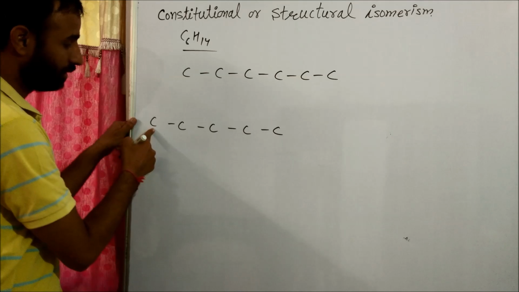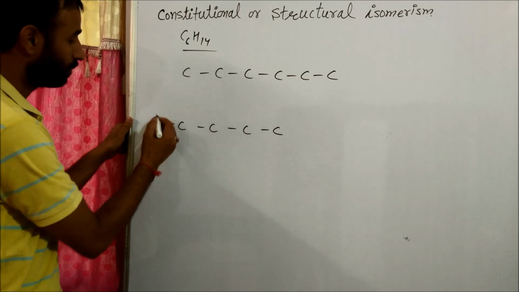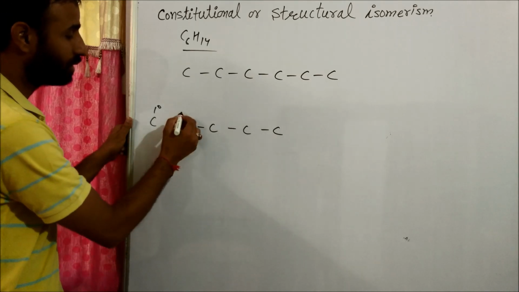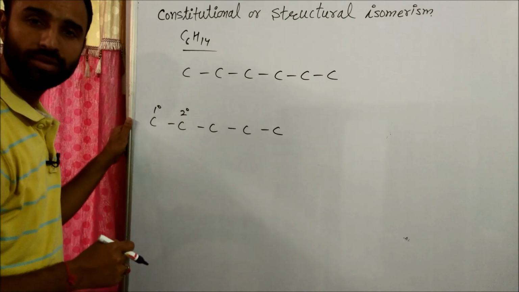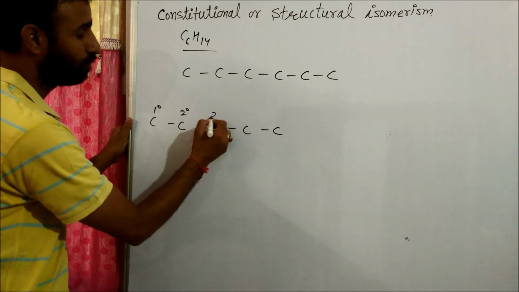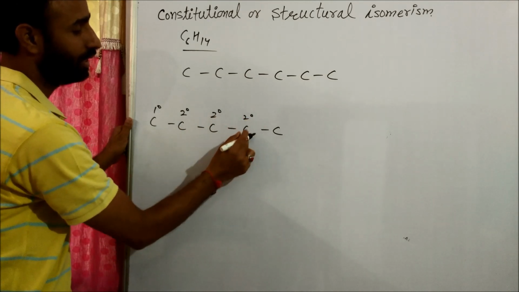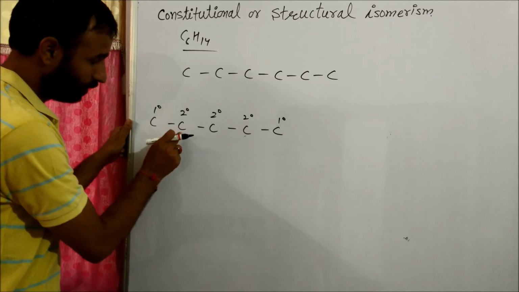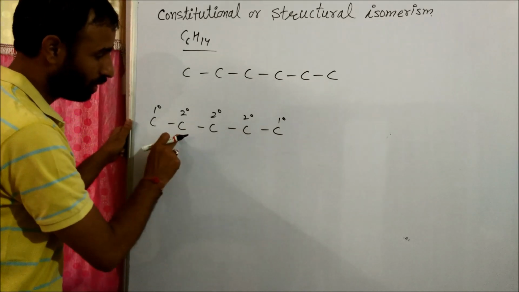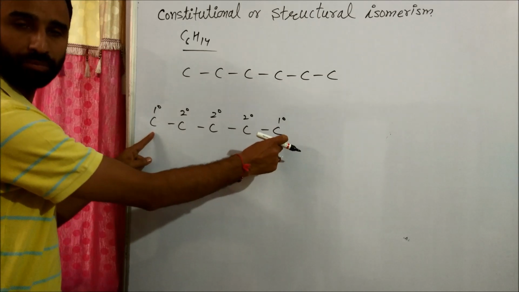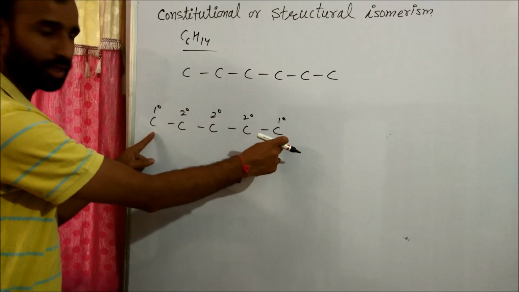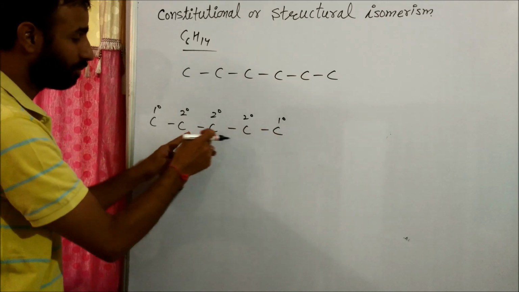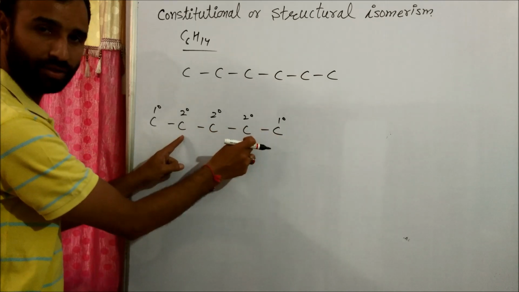Now this carbon is attached to only 1 carbon, so it is called primary carbon. Carbon attached to 2 carbons is secondary carbon. Again secondary, then primary. You have to look in between the extreme, terminal carbons. In between the terminal carbons, these are secondary.